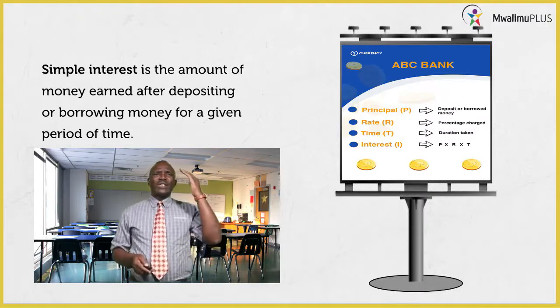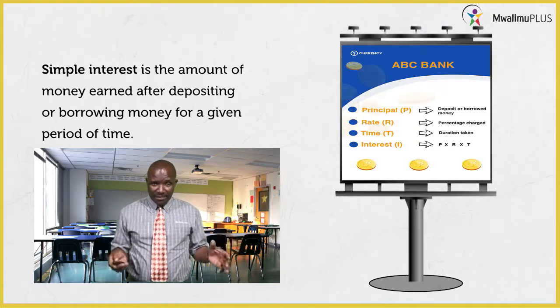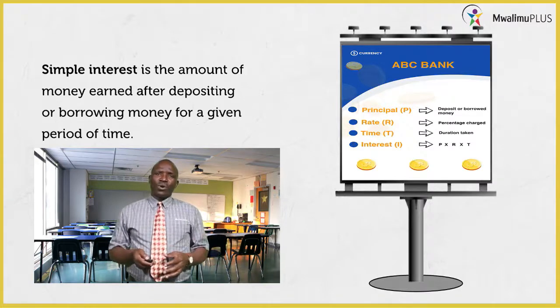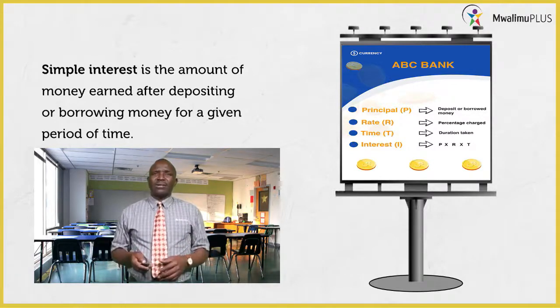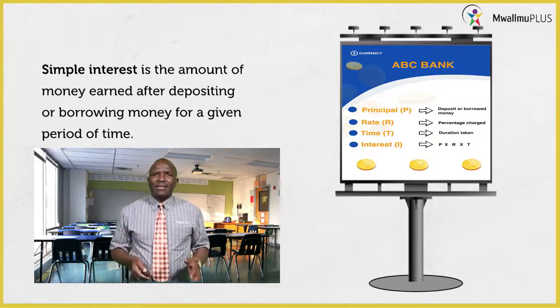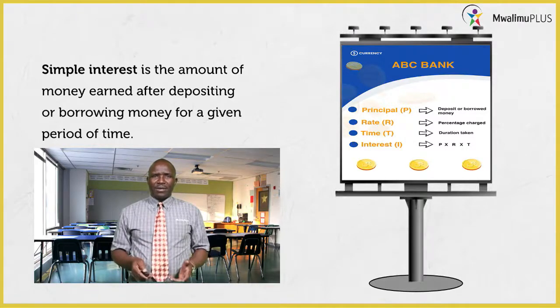And when we're dealing with simple interest, some things come into play. For example, when banks are operating, they deal with something we call principal. That is the deposits or the borrowed money. Then there is something they call rate.